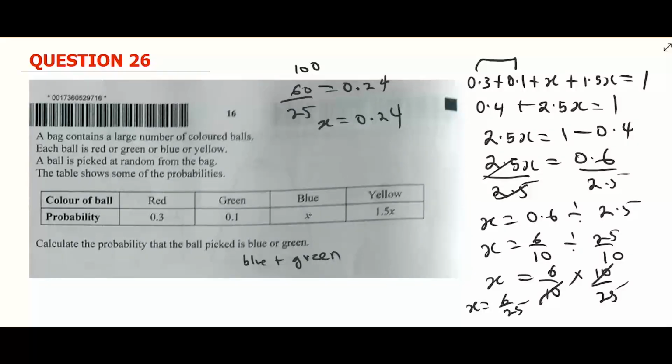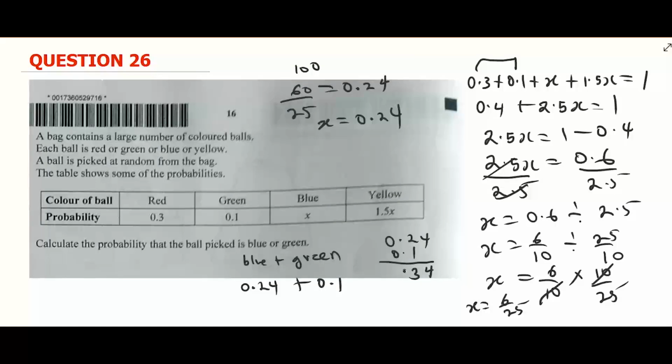So if x equals 0.24, then the probability of blue ball will now be 0.24 plus the probability of green ball, which is 0.1. So by the time you add these two together, you can write it like this: 0.24 add 0.1. You must set the decimal point. Here will be 4 plus nothing, 4, 2 plus 1, 3.